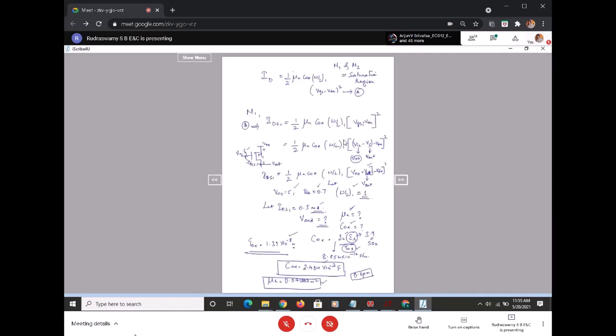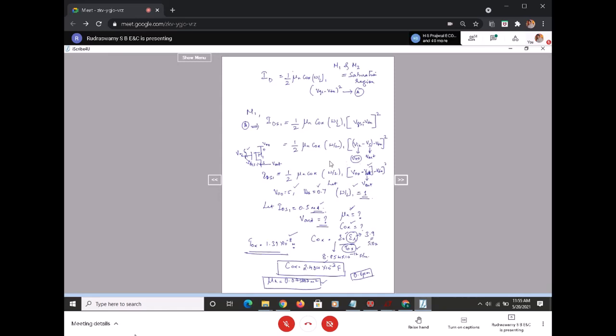Now, since both the transistors are operating in the saturation region, we are writing the saturation current, which is given as ID equals half times mu n COX W by L into (VGS minus VTH) square. Writing for the individual transistors, for M1 we substitute VGS1 as V in minus VS, VS as V out, and V in as VDD, that is the maximum voltage that V in can go along the biasing.